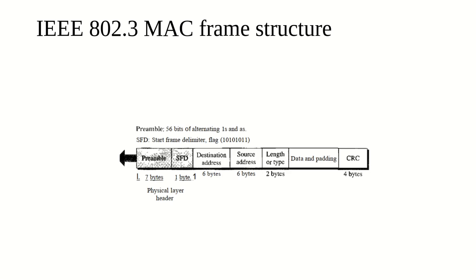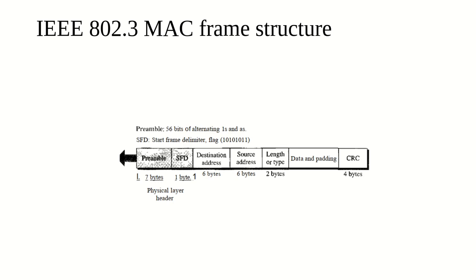The IEEE 802.3 MAC frame structure has these subsections. The preamble is the first field of the frame and contains 7 bytes of alternating zeros and ones. It alerts the receiving system to the coming frame and enables it to synchronize its input timing.